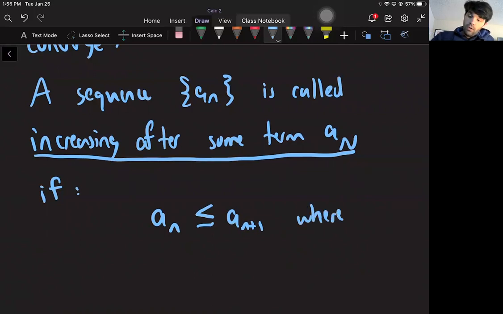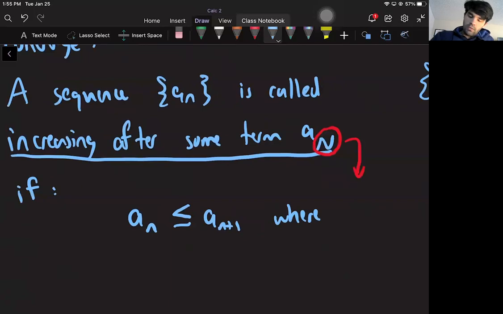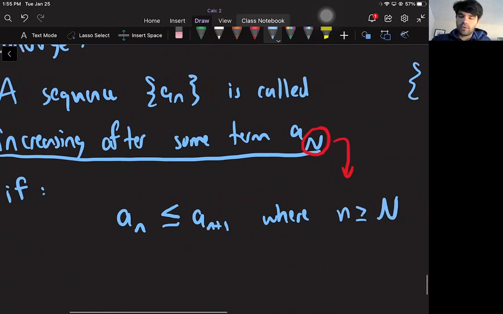But we're only saying it's increasing after this very special number. So it's not always increasing, maybe. At the beginning, maybe it's not. But where the index is bigger than or equal to that number, that special number.